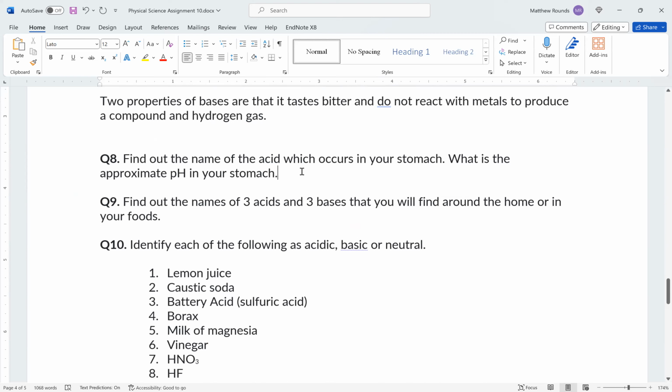Find out the name of the acid which occurs in your stomach. What is the approximate pH in your stomach?